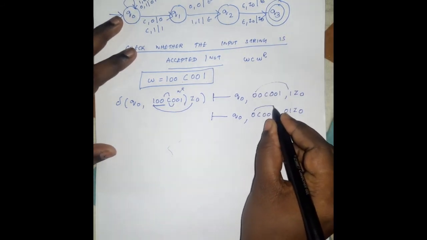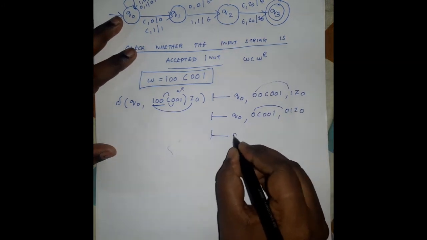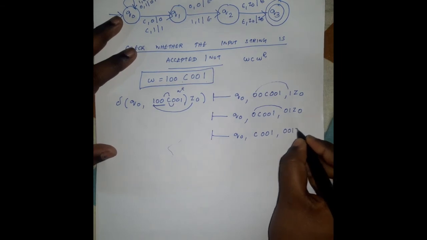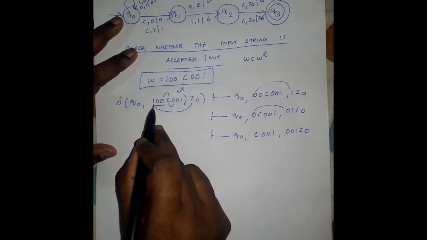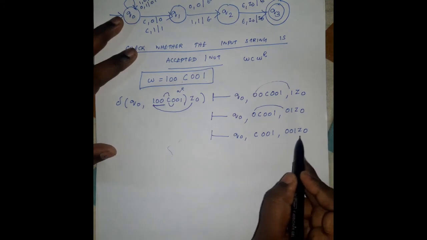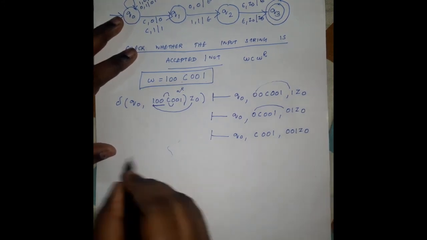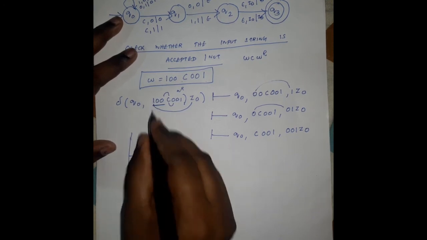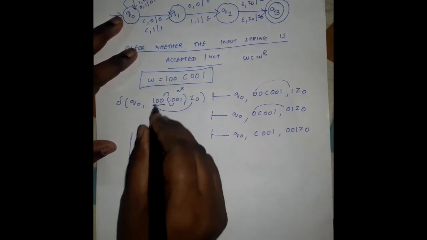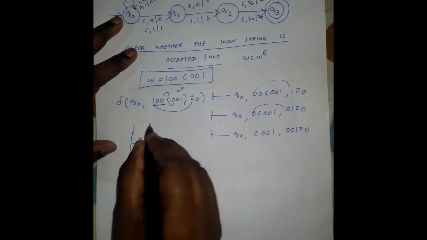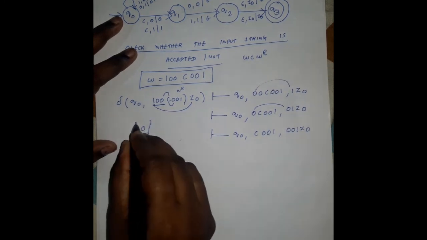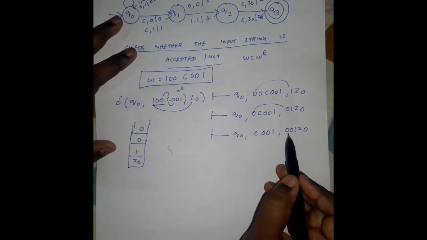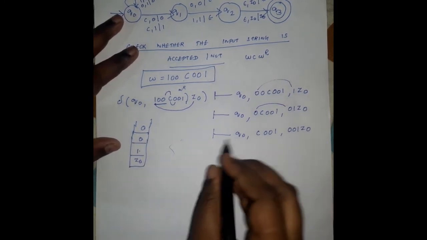After this 0 goes to the stack, the remaining input is C001 and the stack is 001 Z0, which means these symbols are pushed into the stack. The bottom of the stack is Z0. After 1 is read, it goes to 1 and then 0, and after this 0, the next element is 0. So the stack contains 001 Z0.